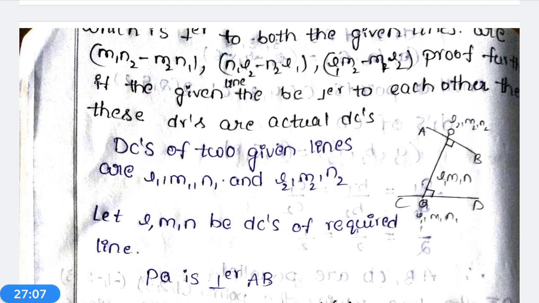Prove further, if the given lines are perpendicular, then these DRs are the actual DCs.